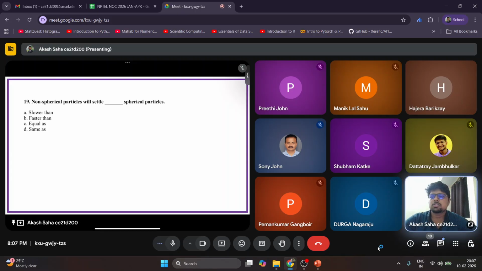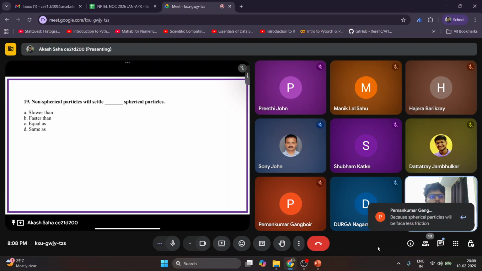Okay, so suppose I have a ball kind of thing, a cricket ball, and I have a cubical box, and I'm dropping them. They are of the same weight, same specific gravity. So when it passes through the media, don't you think if it is more irregular, then the drag force will be more?